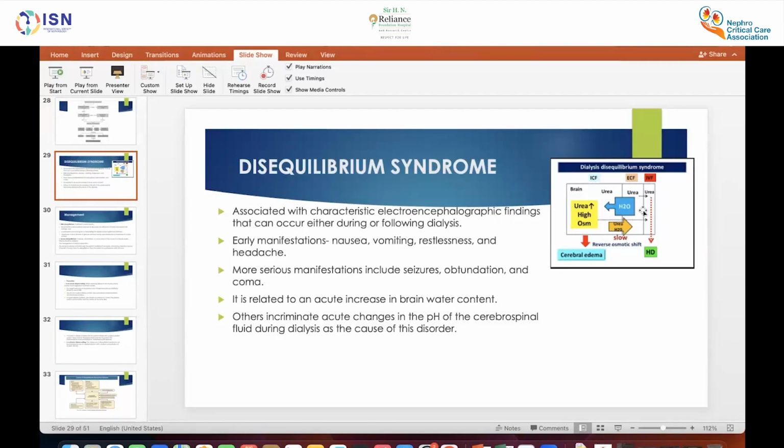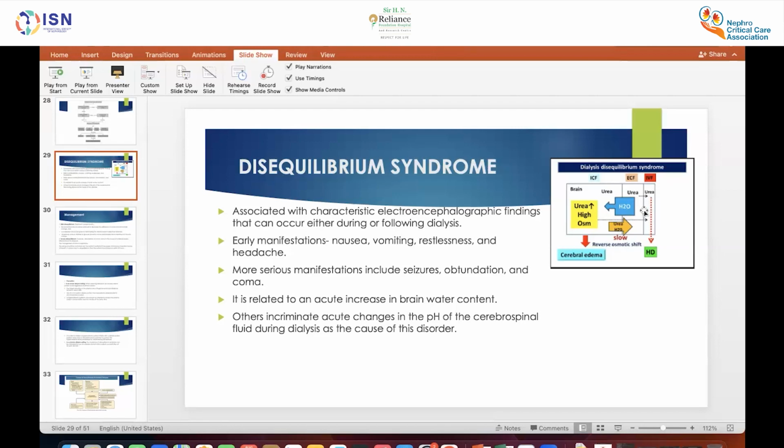So ICF is two-thirds and the extracellular fluid compartment is one-third, out of which one-third is the intravascular compartment and the other two-thirds is the interstitial compartment.